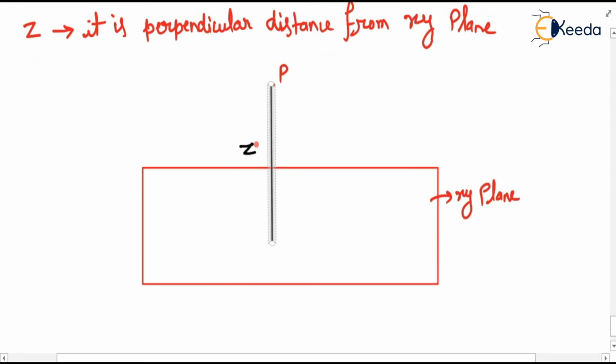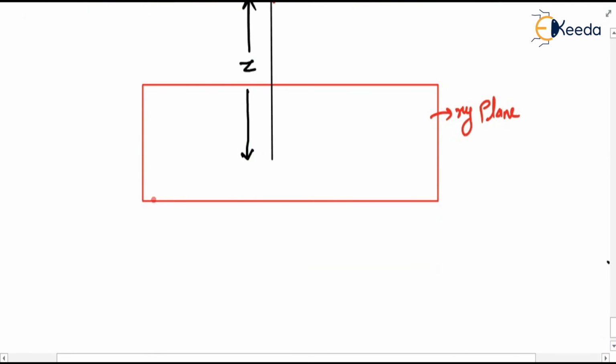This is the z. So z is the same as in the Cartesian coordinate system.